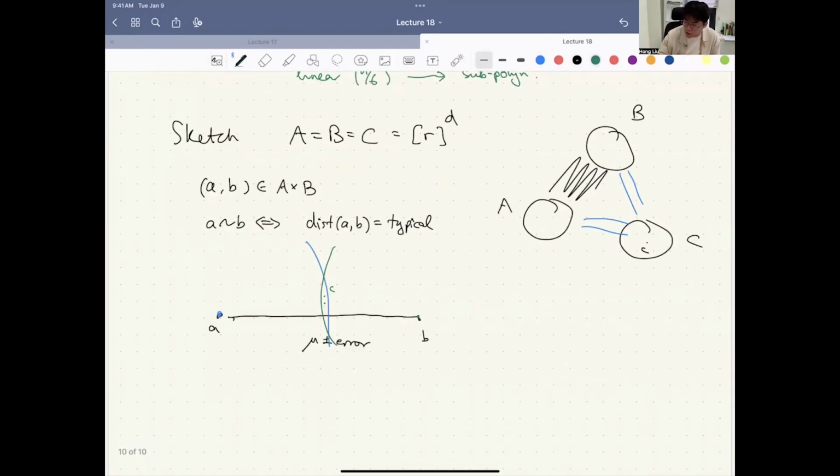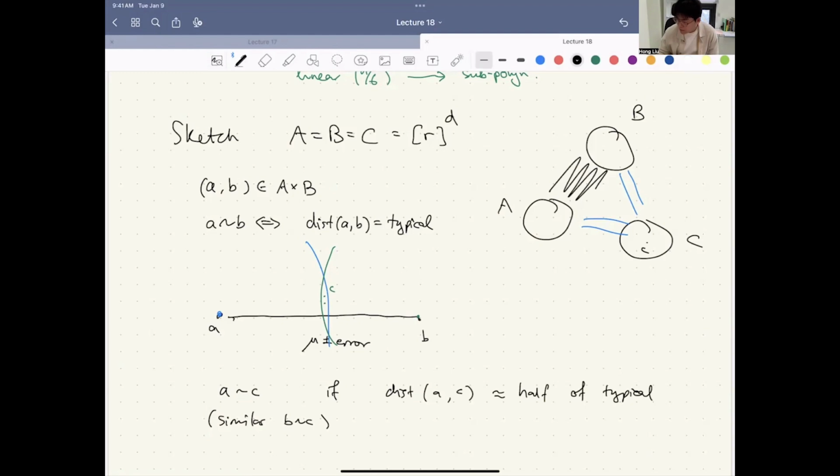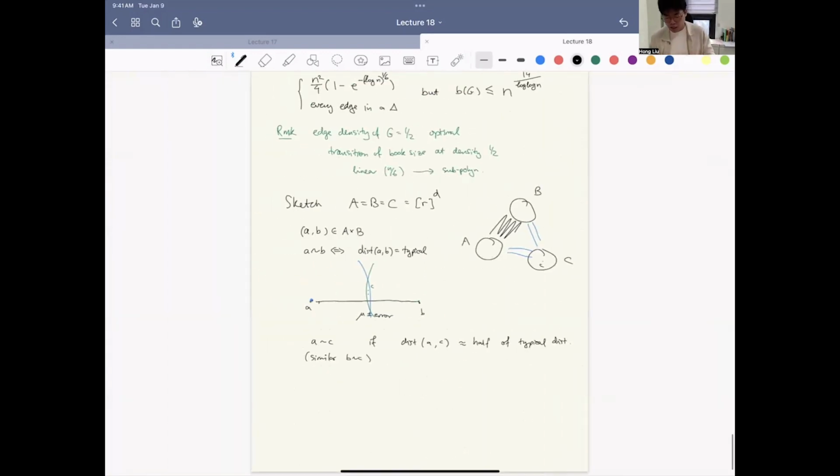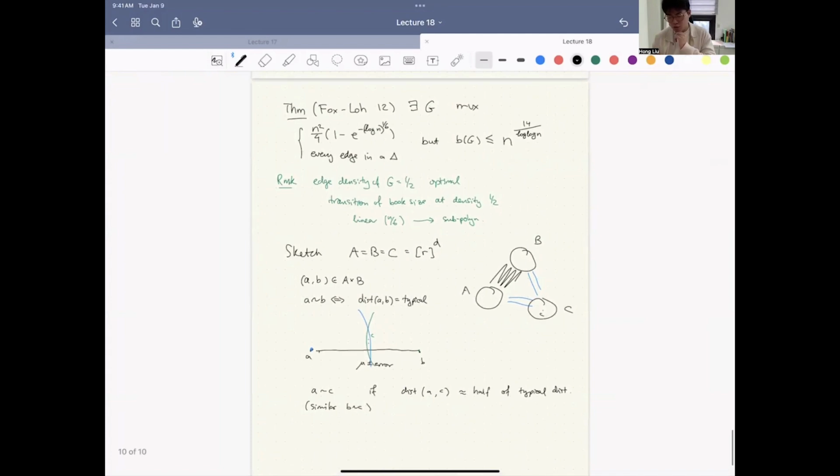So AC and AB, similarly, if the distance is half of the typical distance. We will show next time that this geometric construction will give us what we want.